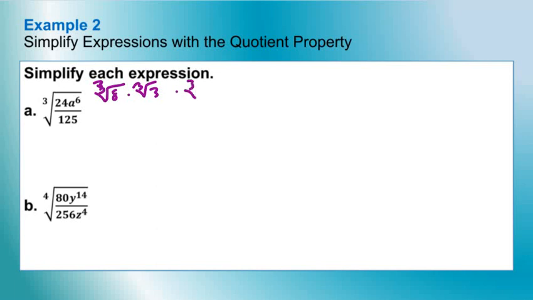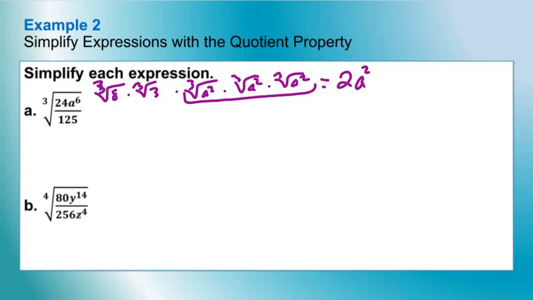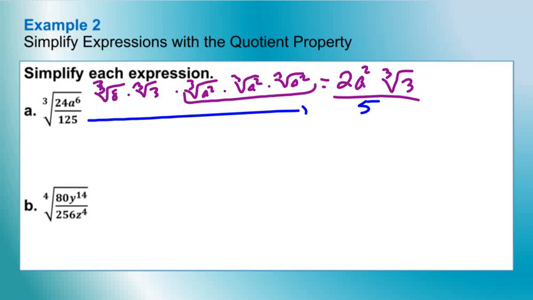And then I would have the cube root of a squared three times. So in the numerator, I would have cube root of 8 is 2. These three make a squared. And then I would have the cube root of 3. That's my numerator. The denominator, the cube root of 125 is 5. So this would be my answer.